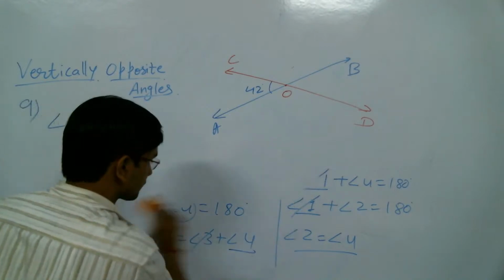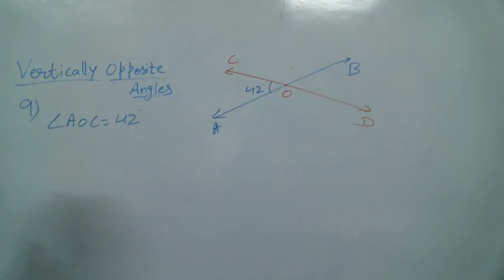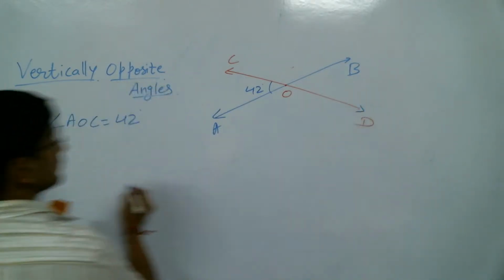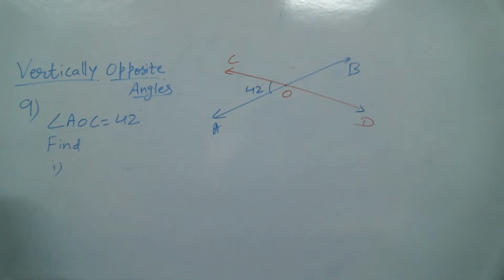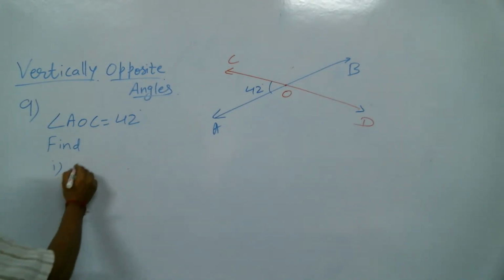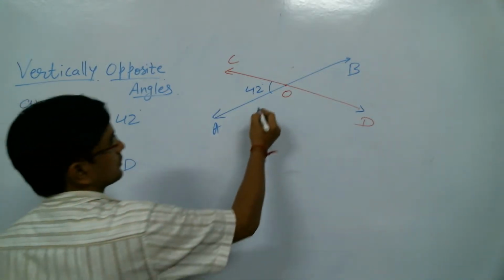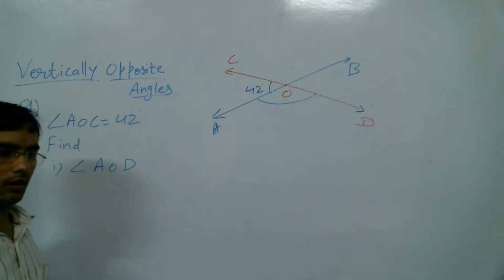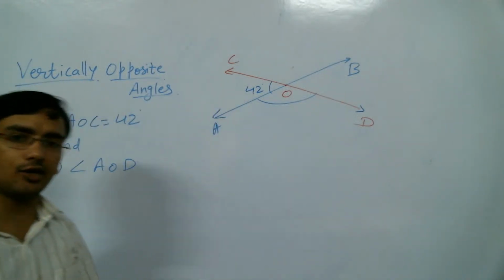Now we have to find the first one, angle AOD. Where is AOD? This is angle AOD. Now, all of you see these two and comment fast. What can I do?